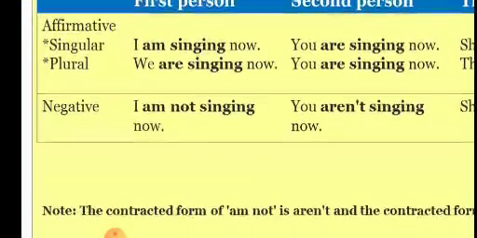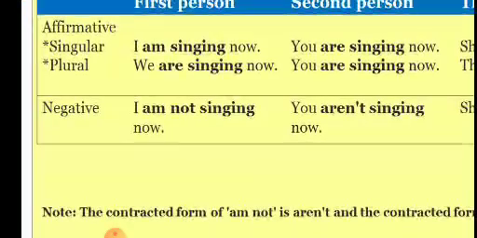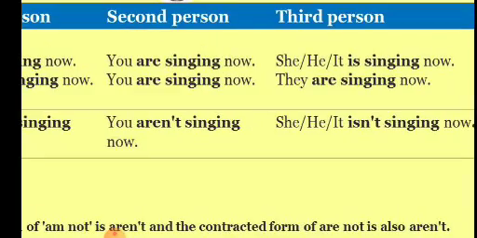In the case of negative, for first person, I plus am plus not plus base form of verb plus ing. So, example, I am not singing now. Likewise, for second person negative, subject plus are plus not plus main verb plus ing. You aren't singing now.